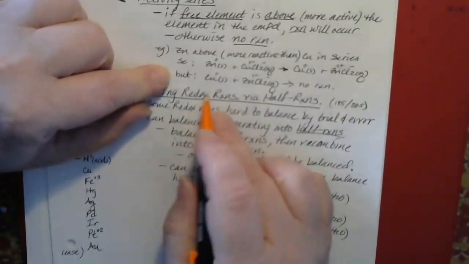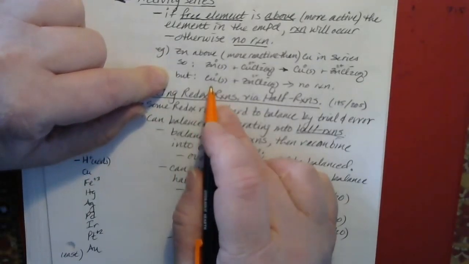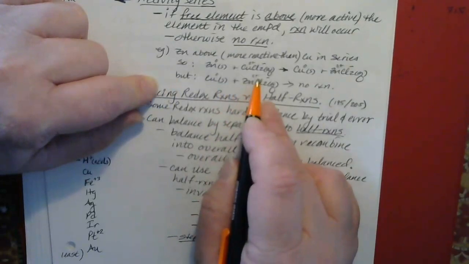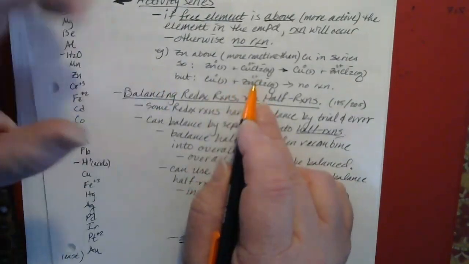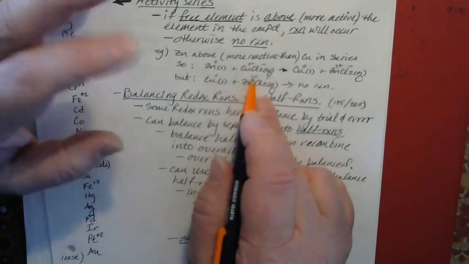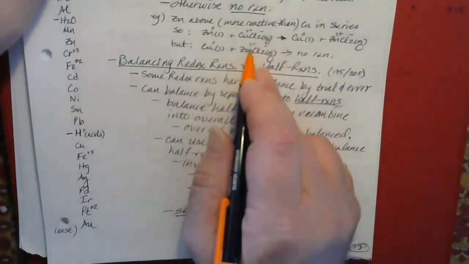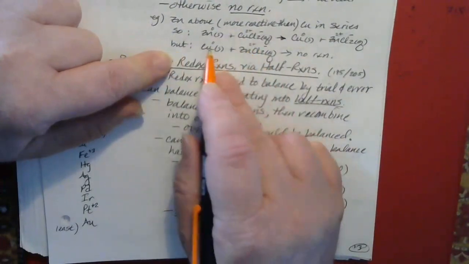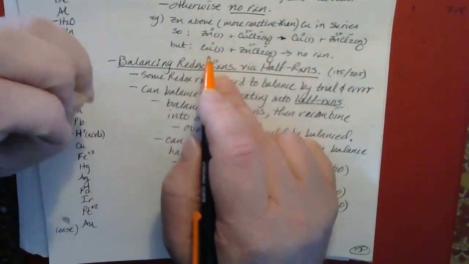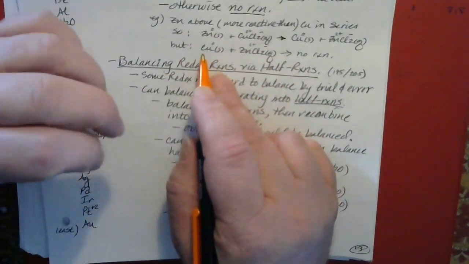On the other hand, if you were presented with a situation where you had copper metal and zinc in a compound, in this case the more reactive metal is already a cation, which means it's already in the form it wants to be in. And the less reactive metal is the free metal with zero charge, and that's the way the less reactive metal would prefer to be.